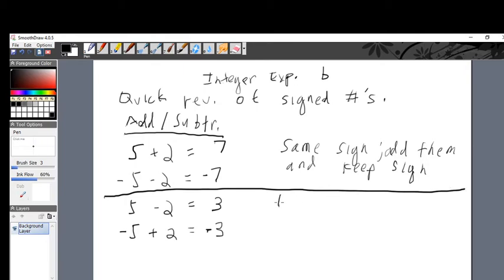If they're different signs, 5 is positive and -2 is negative. -5 is negative and +2 is positive.